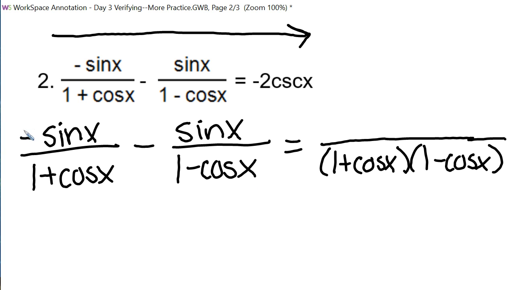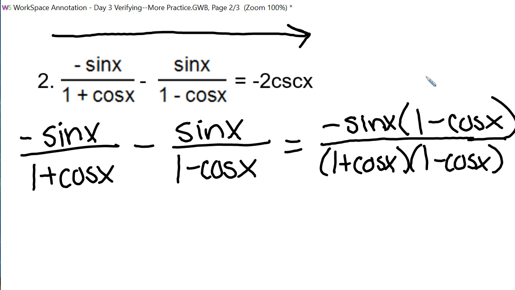Now notice the first fraction, it has the 1 plus cosine x, so what is it missing? 1 minus cosine x. So that means the negative sine of x needs to be multiplied by 1 minus cosine x. And the second fraction, it has the 1 minus cosine x, what is it missing? 1 plus cosine of x. So that sine of x needs to be multiplied by 1 plus cosine of x.